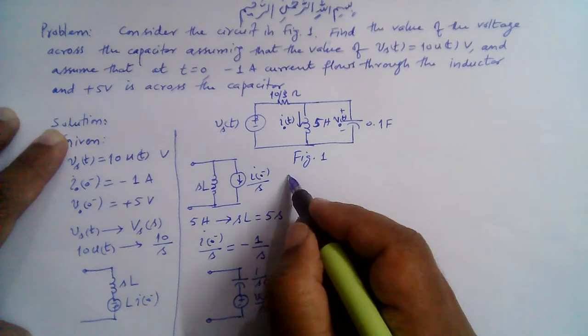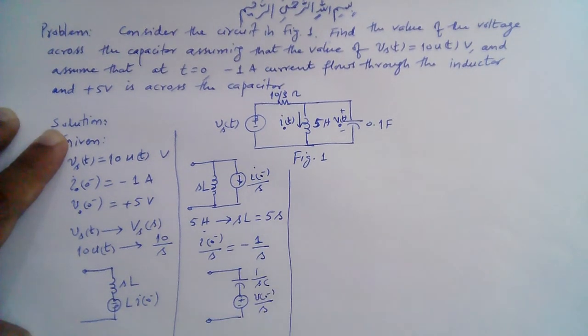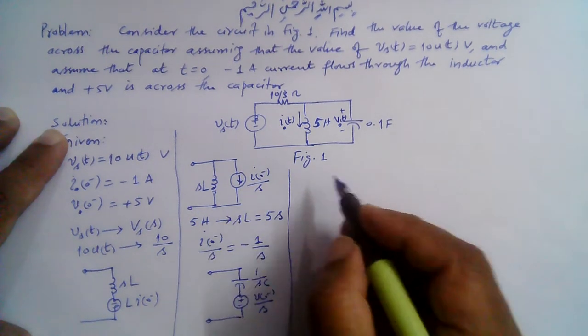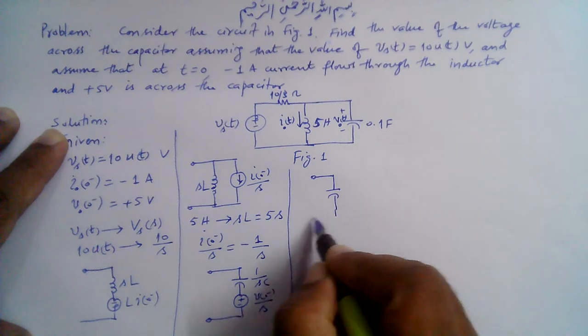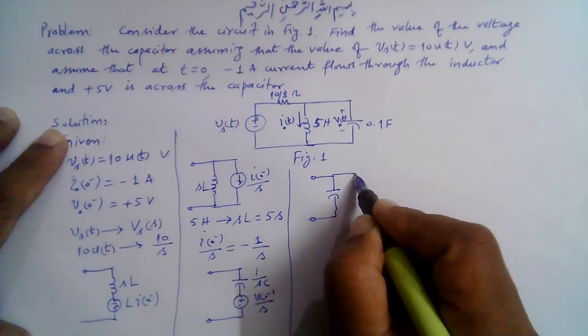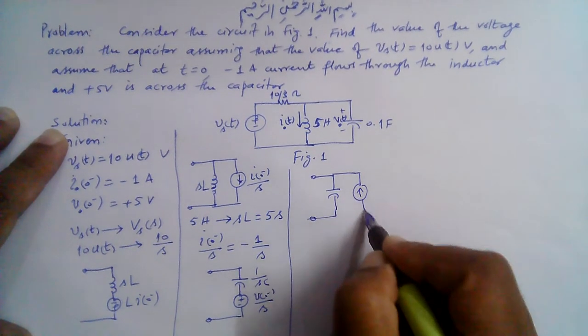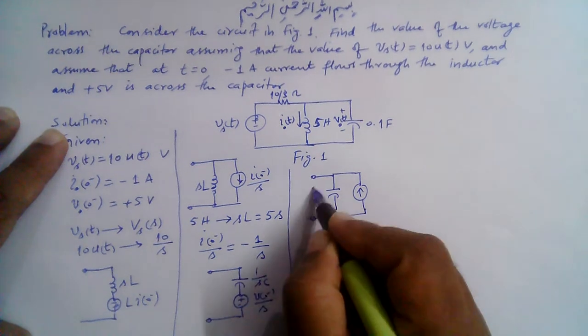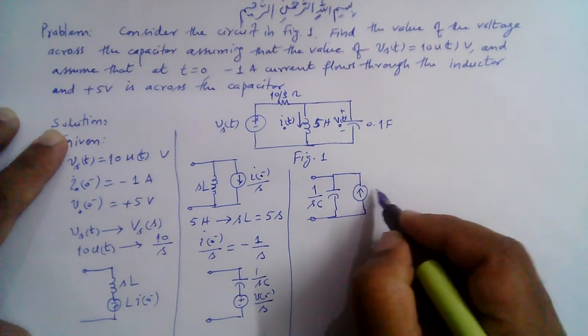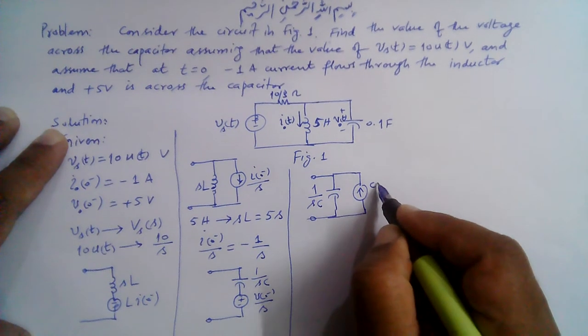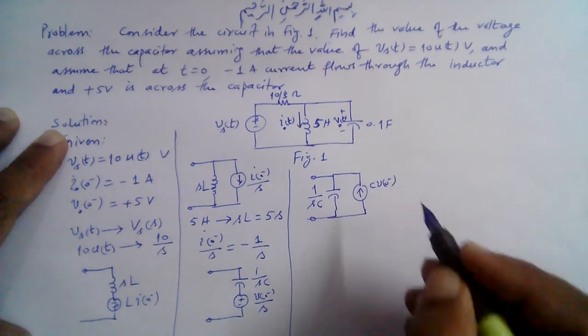Or we can transform it like this, a capacitor in parallel with a current source. So this will be 1 over SC, and this will be C multiplied by V0 negative.